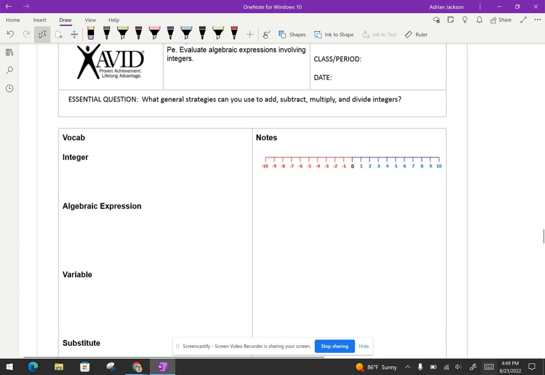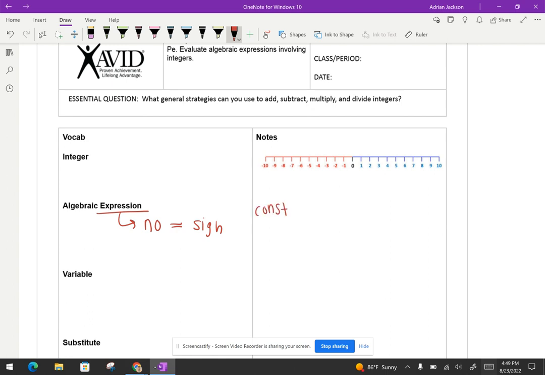An algebraic expression. An expression is something that does not have an equal sign. So an expression has no equal sign. Specifically, an algebraic expression is made up of constants, variables, and operations.